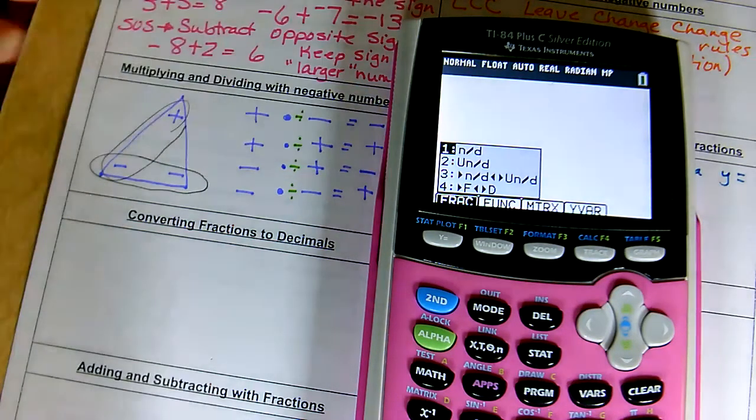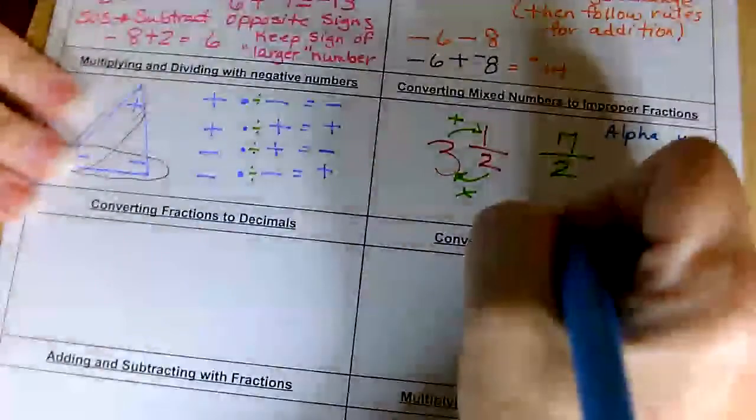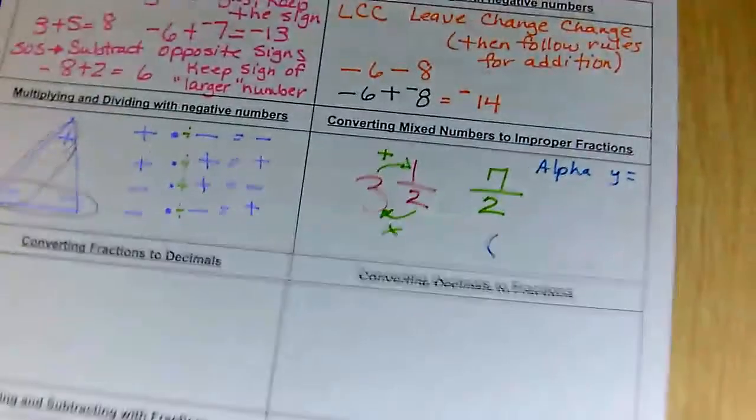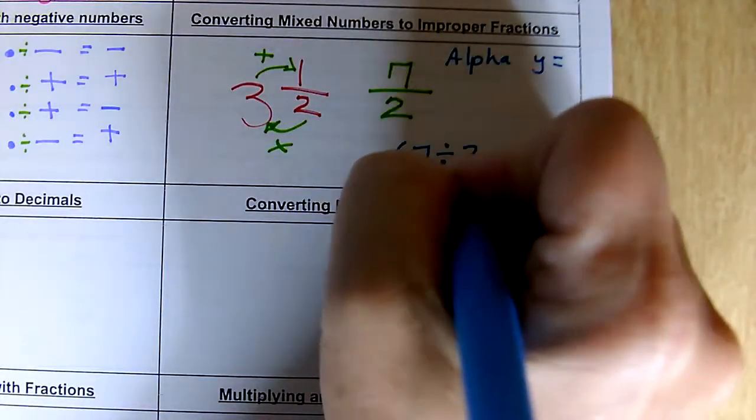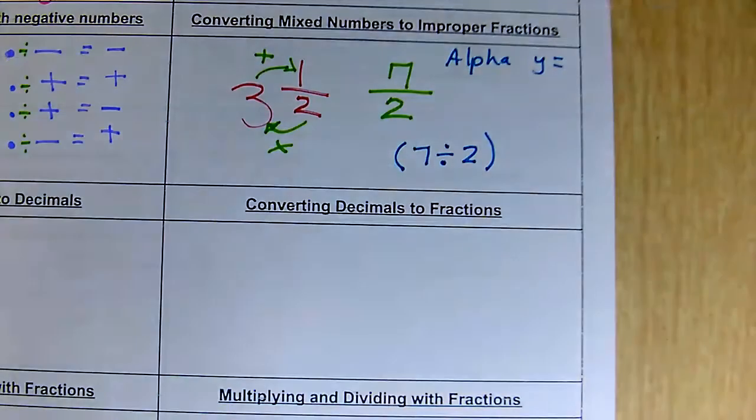That's how you do it, alpha y equals to get fractions, or you can enter it in the calculator with an open parenthesis, 7 divided by 2, close parenthesis. Either way will get you the fraction. You also have that Desmos calculator on the computer that has the little fraction bar on it too.